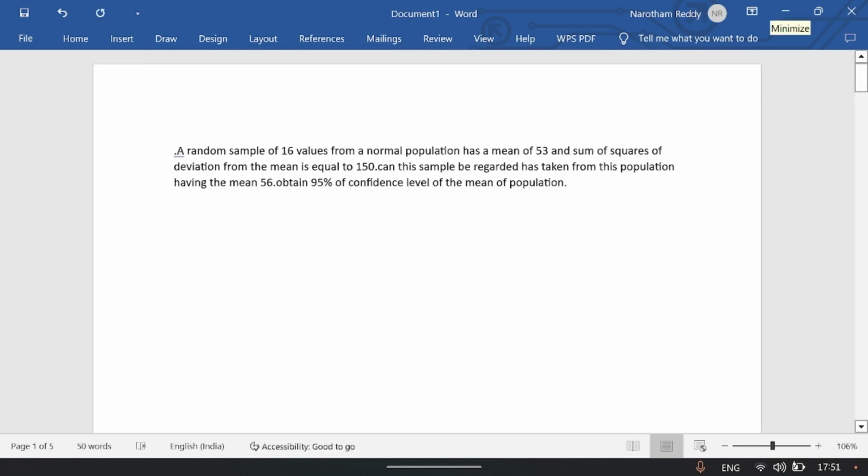Now let us try to solve another problem, where a random sample of 16 values, where n equals 16, from a normal distribution population of mean 53. Sample mean x bar equals 53 and sum of squares of deviation from the mean, (x minus x bar) whole square, equals 150. This sample is regarded as taken from the population having the mean 56.